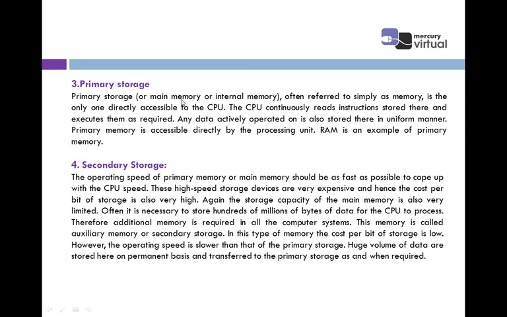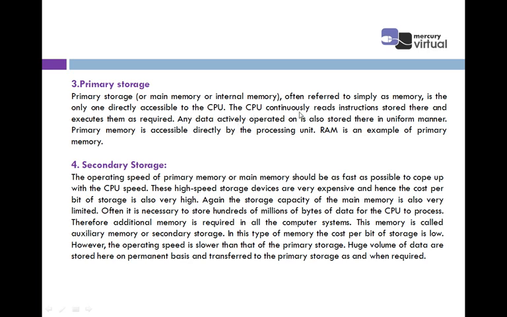Third one is primary storage. Another name is main memory, internal memory or the RAM, which is often referred to simply as memory. In simple terms, we can say memory or RAM or main memory or internal memory, anything. It is the only one directly accessible to the CPU.